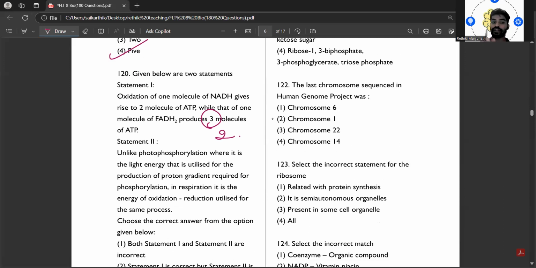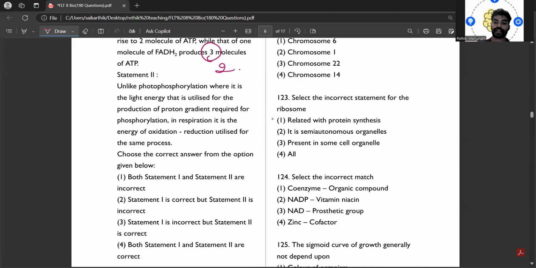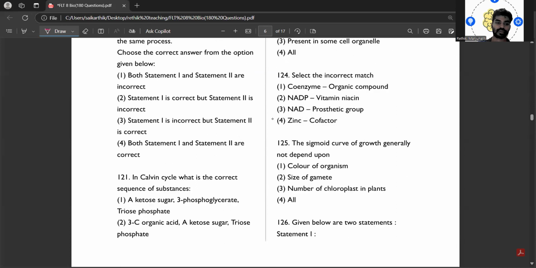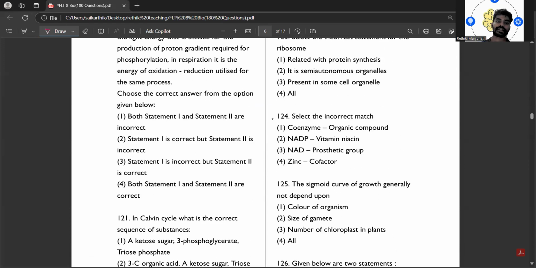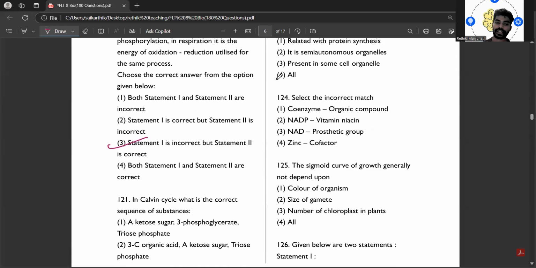Statement two: unlike photophosphorylation, where it is the light energy that is utilized for the production of the proton gradient required for the phosphorylation, in respiration it is the energy of oxidation-reduction utilized for the same process. Yeah, that's very simple, as I told. So option three: statement one is incorrect, whereas statement two is correct.